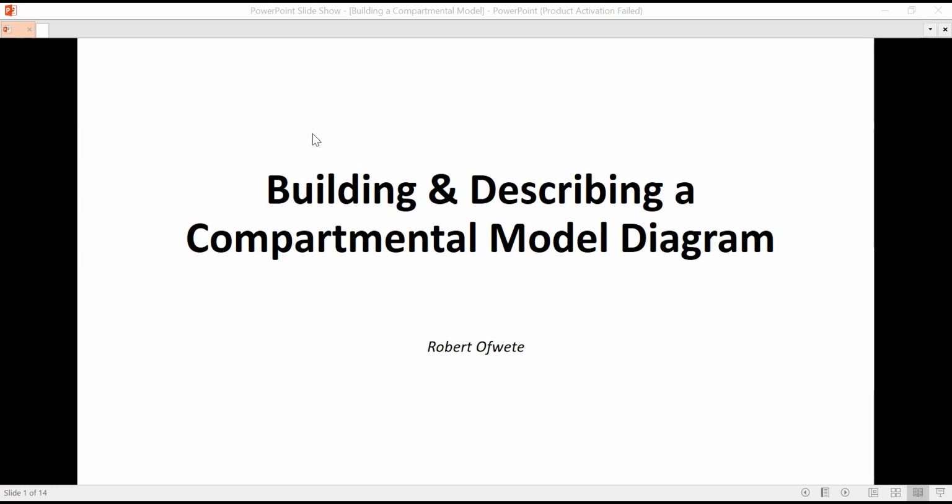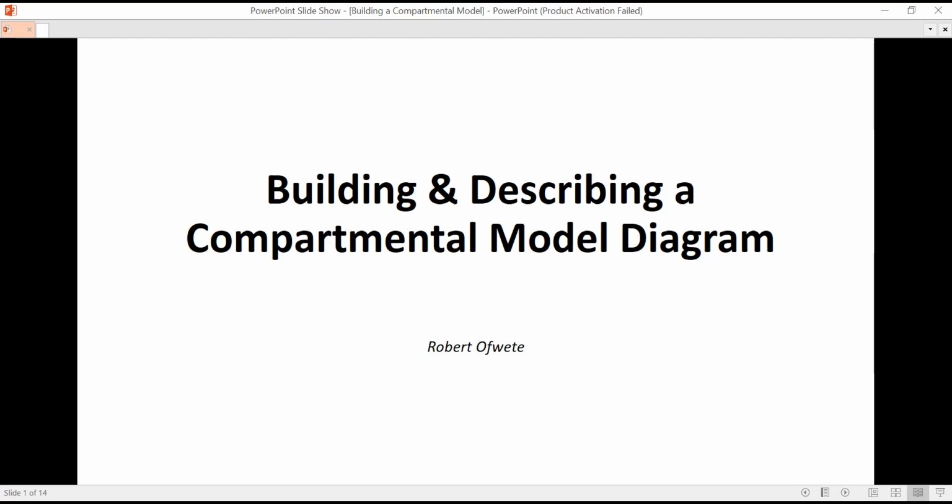So yeah, good afternoon, members. My name is Robert Ofwete from Kenya, and this afternoon we're going to discuss. It's a discussion session, a practical session on how to build and describe a compartmental model diagram. What are the key components to consider when building a compartmental model diagram?